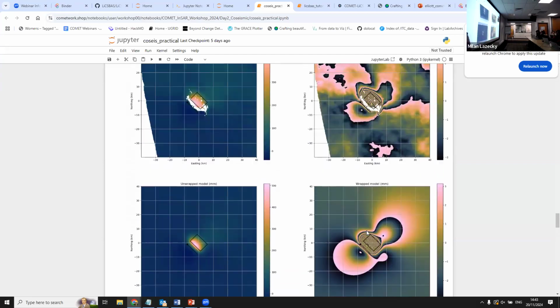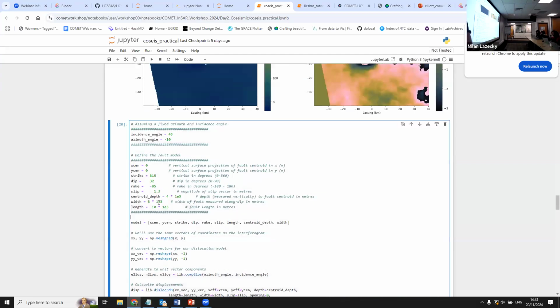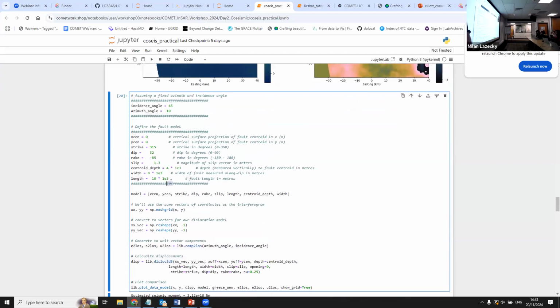Can we see your parameters? Yeah, sure. My rake is 70. This should be roughly 0. I don't think you're ever going to get it, so hopefully it should be basically all gone.